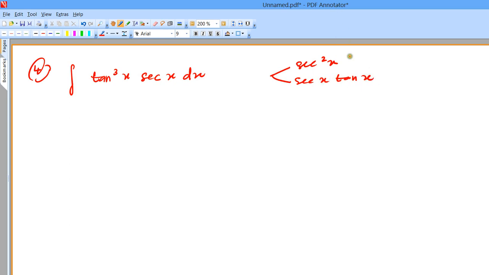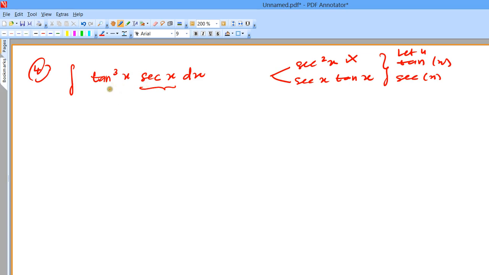If we want to eliminate secant square x, let u equal to tangent, and if you want to eliminate secant x tangent x, let u equal to secant. So for this problem, we don't have secant square x, and we don't have secant x times tangent x, but we just have secant x.